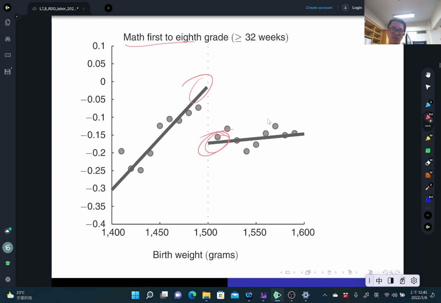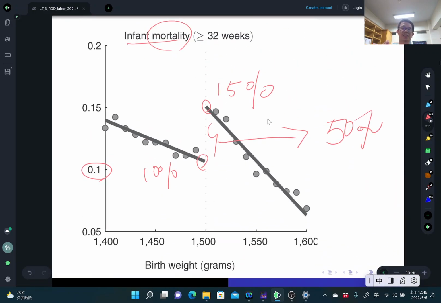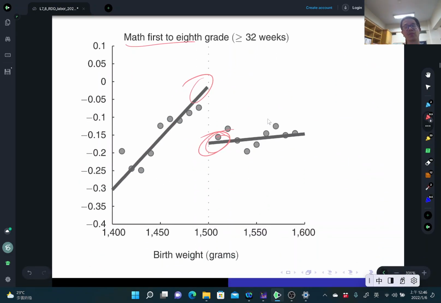Okay, so this gives you very clear evidence that additional healthcare service, healthcare intervention, can be a good investment that can reduce the mortality rate when you are young and also increase your human capital.